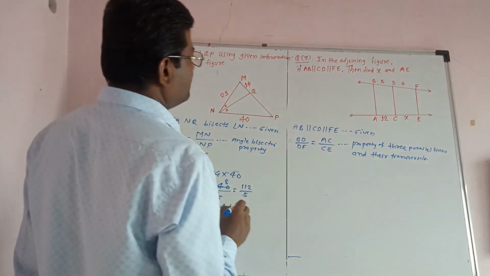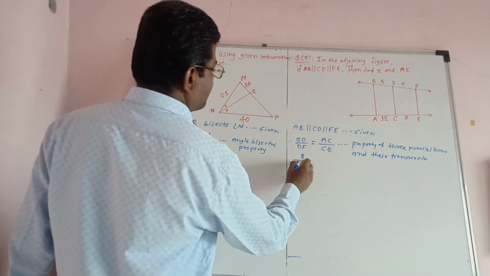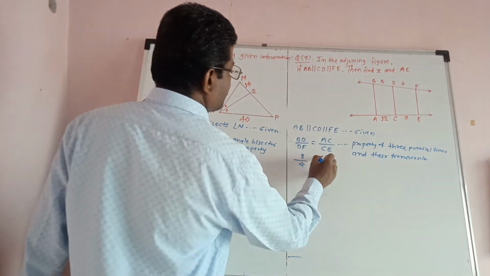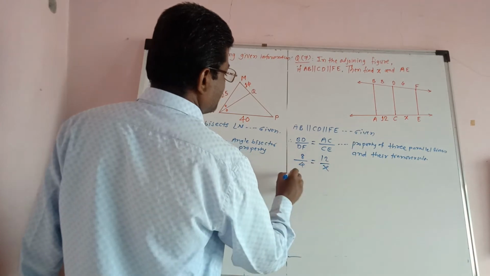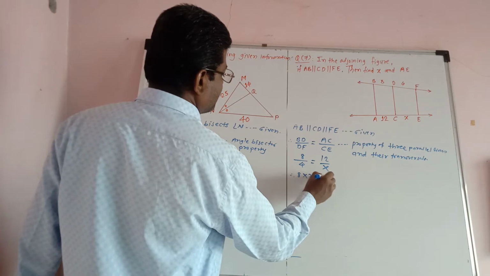Now put the value. BD 8 upon DF 4 is equal to AC 12 upon CE which is X. Cross multiplication, 8 into X is equal to 4 into 12.